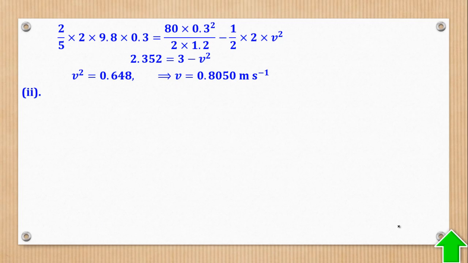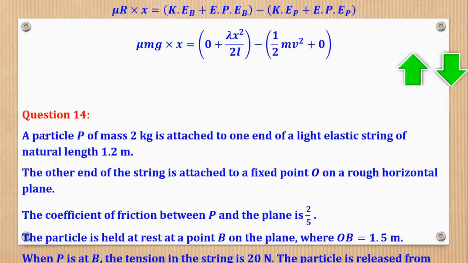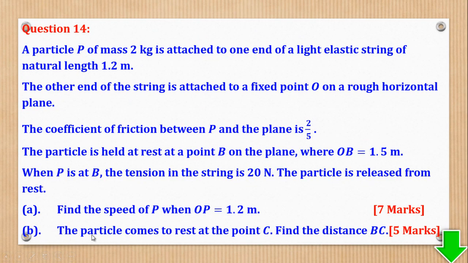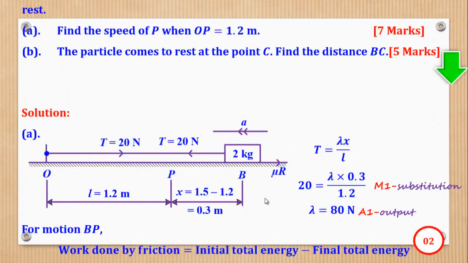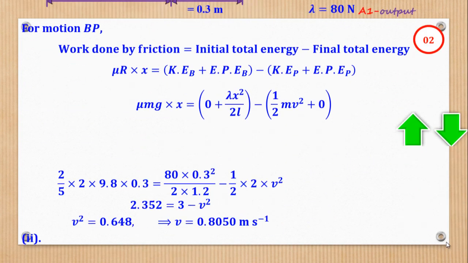Then Roman 2, they wanted the particle comes to rest at the point C. Find the distance BC. So when it comes to rest, velocity is 0.